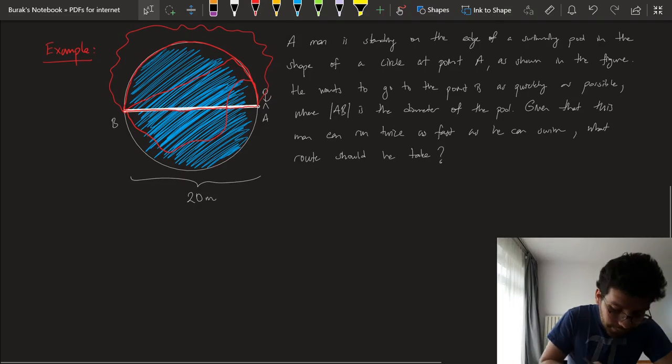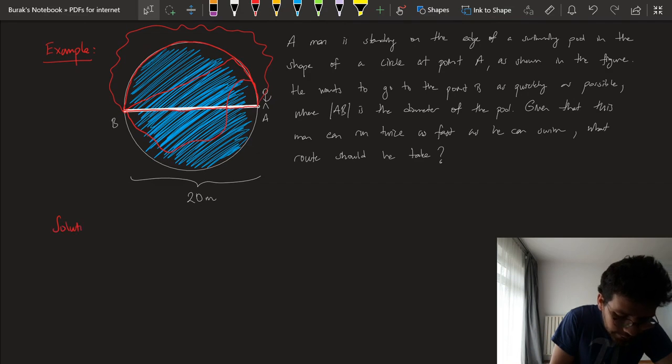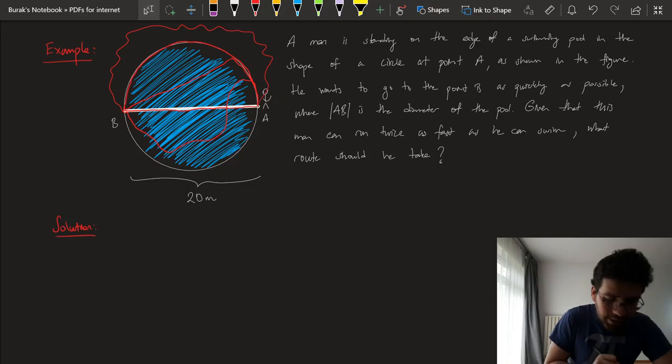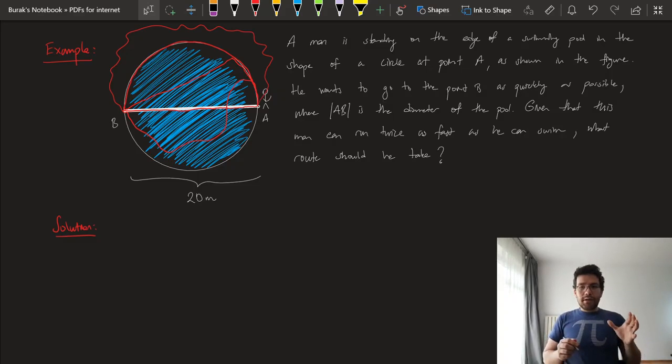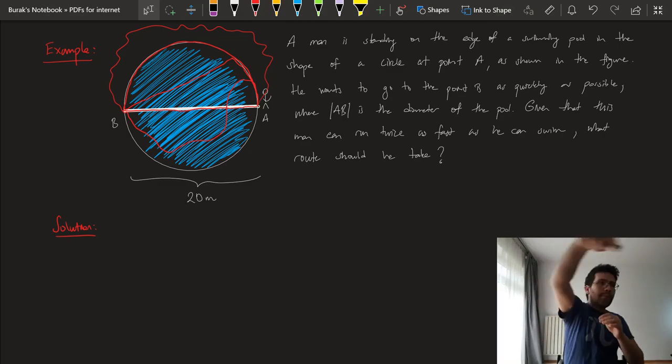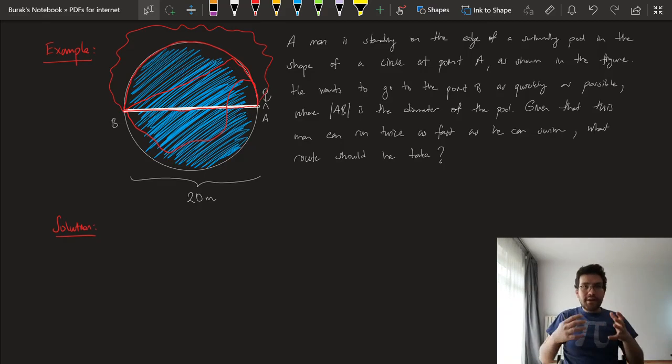So first, let's observe the following. Whatever he's going to do, if he's running, he should be running on the edge of this pool. Otherwise, if he's taking unnecessary paths going all the way around, he's going to lose time. That's the first observation.